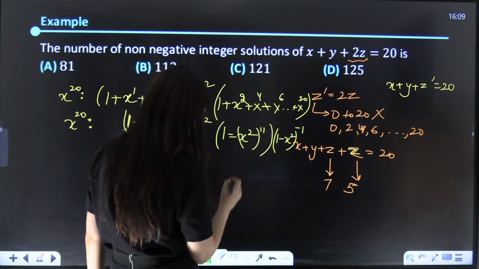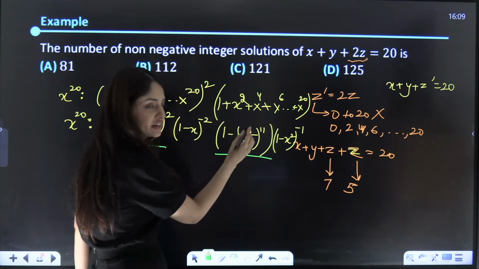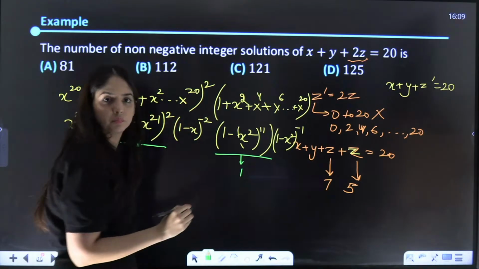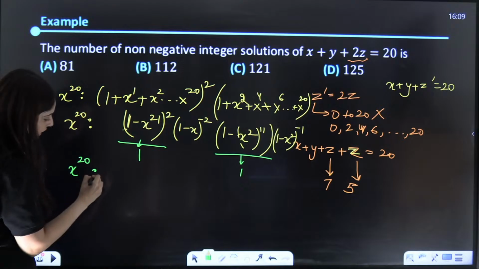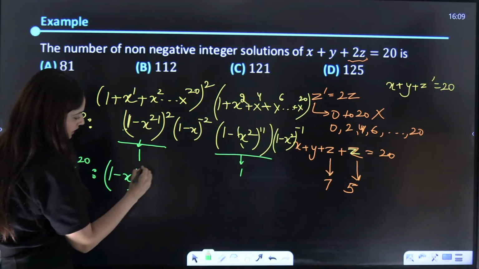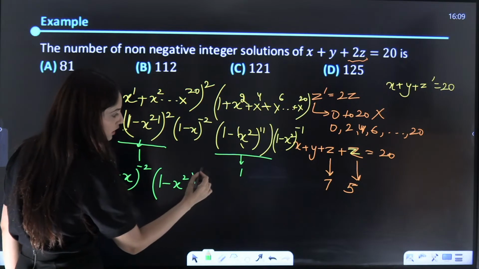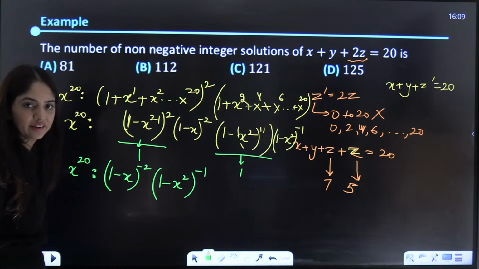Similarly, here 1 minus x raised to power 22, from here as well we will only take 1. So now we have our new problem, the coefficient of x raised to power 20 in 1 minus x raised to power minus 2 and 1 minus x square raised to power minus 1. Correct?